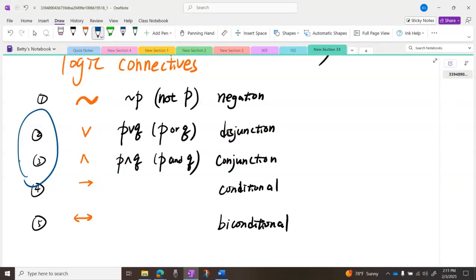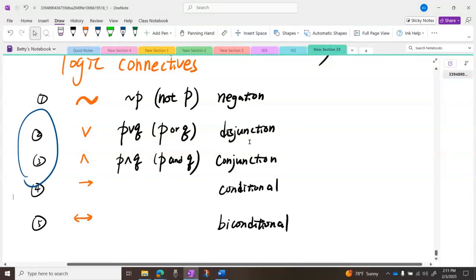It's just notation. Let's look at some problems. Just remember disjunction refers to P or Q. The logic connective that represents or is a right side up little v. The upside down little v represents a conjunction.